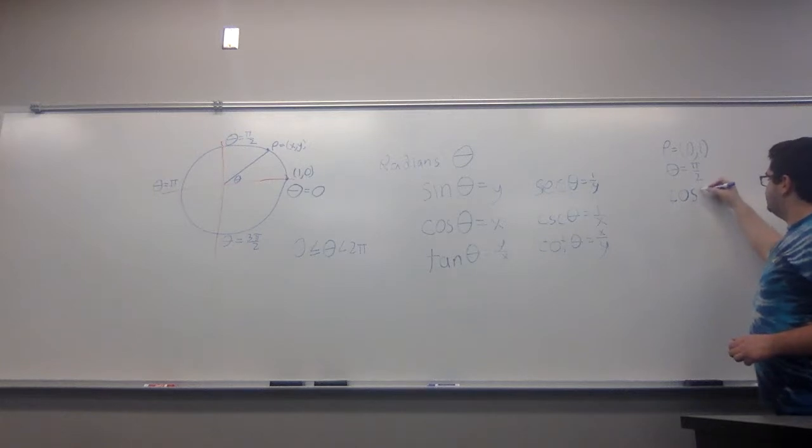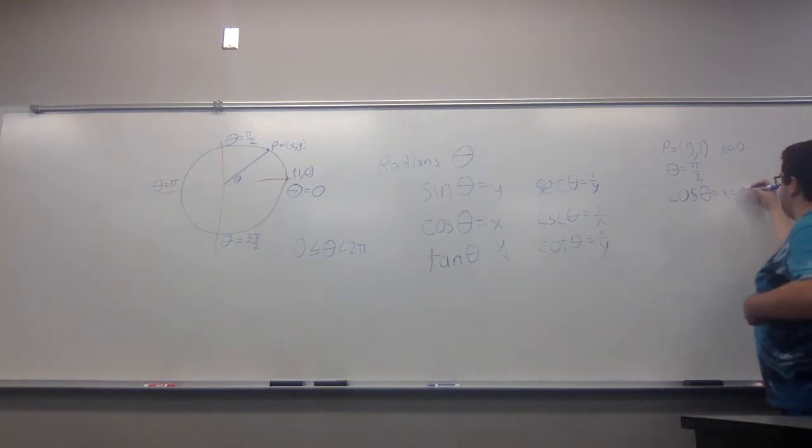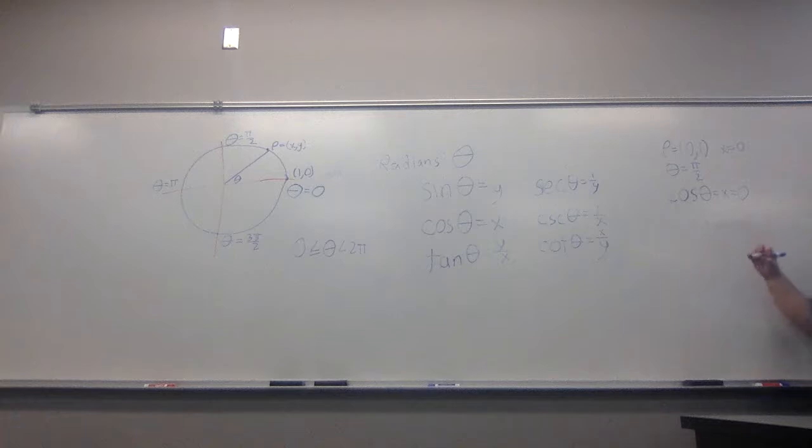So now, for cosine of theta, you would take x, and we have x equals 0. So, perfect, cosine equals 0.